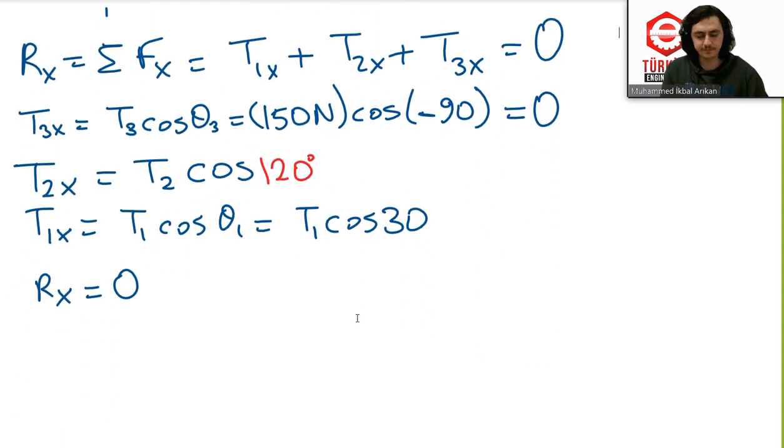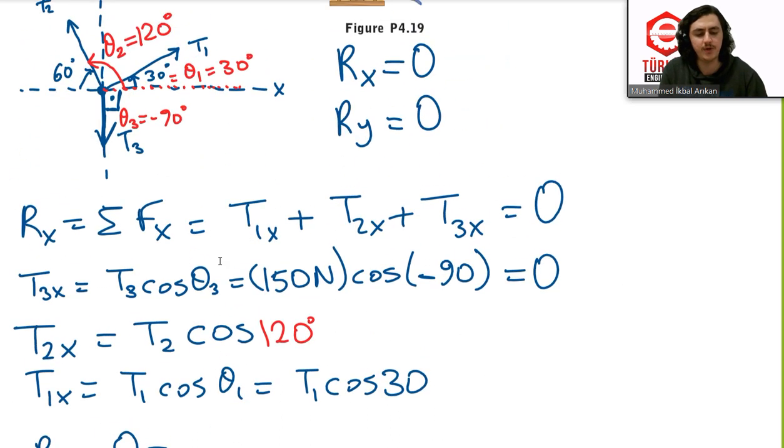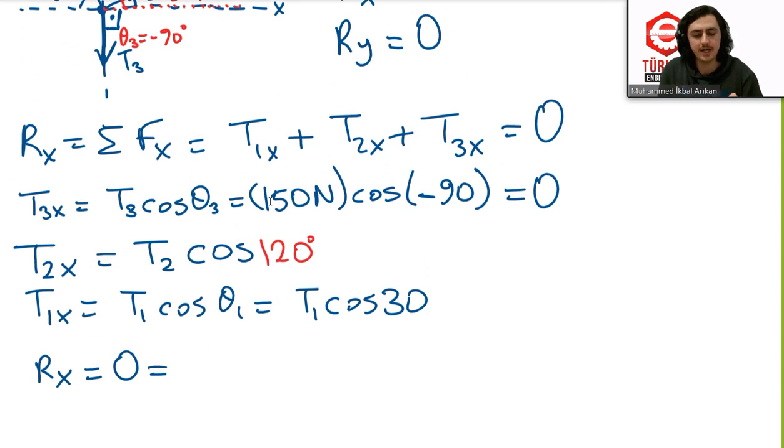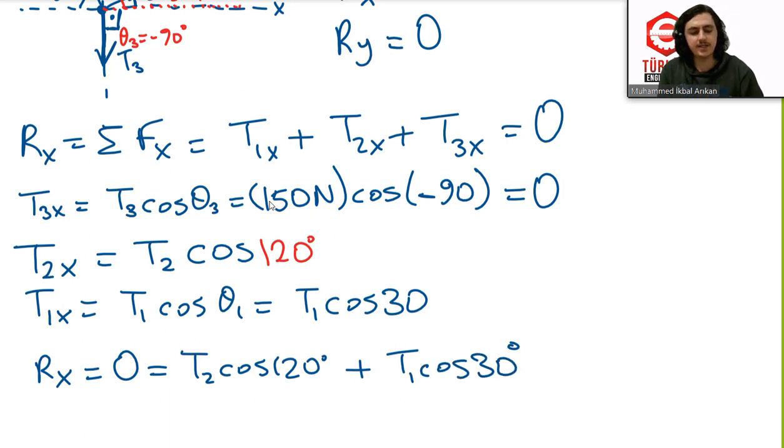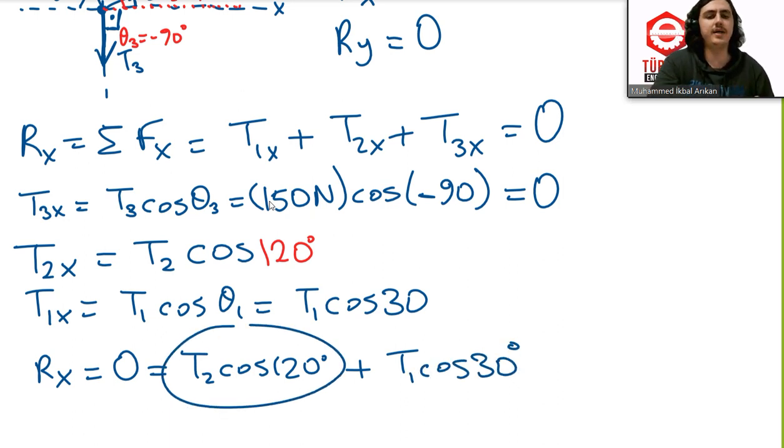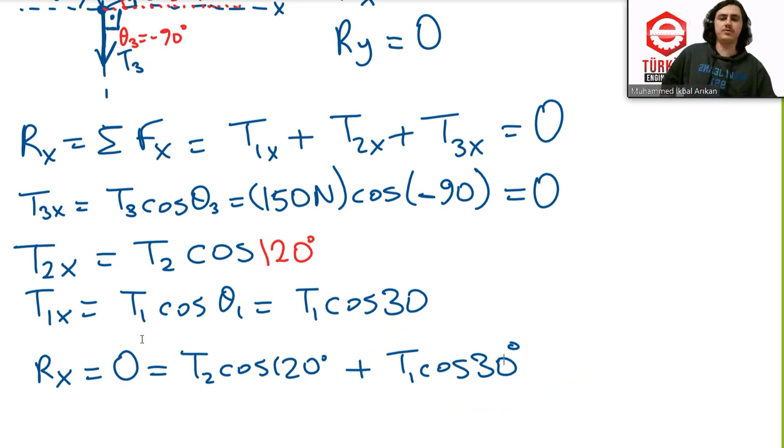So Rx must be equal to 0. How many forces do I have? Three forces, but one of them is 0. So I have only T2 cosine of 120 plus T1 cosine 30. One of them will have a negative sign and the other positive, so they will balance each other and the resultant will be equal to 0.